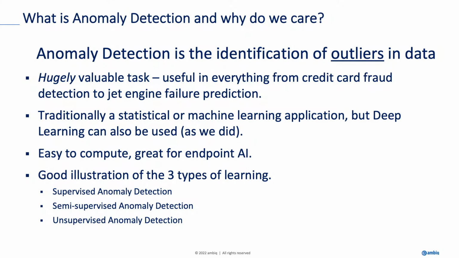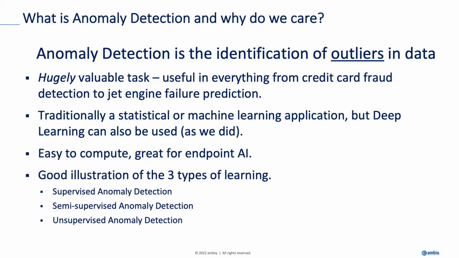Another thing that came out of this exercise was that we were able to use something called semi-supervised learning, where you only label part of the data. As Evan will mention during his presentation, in this case, we only labeled good data. For anomaly detection, that's very valuable because failures are few and far between, and you don't want to wait for an airline to fall out of the sky before you say, oh, hey, look, a data point for a failing jet engine.